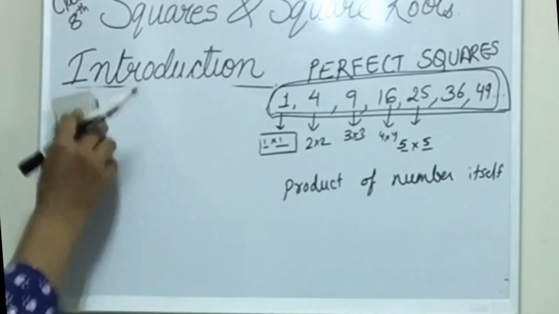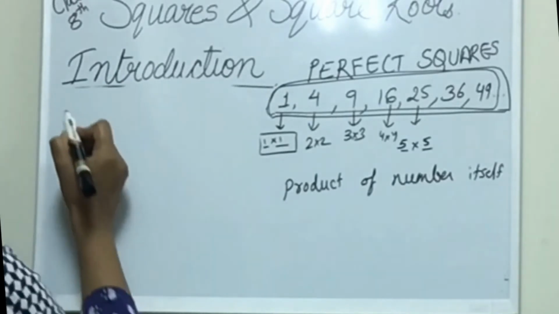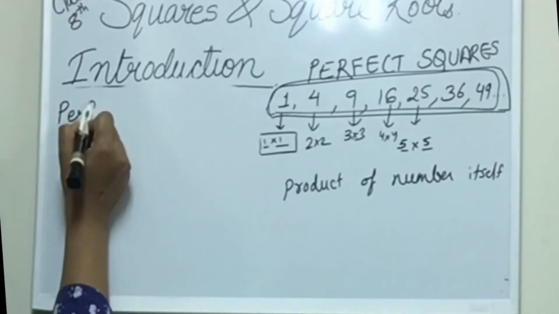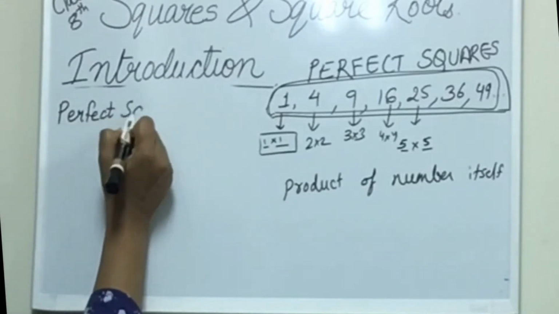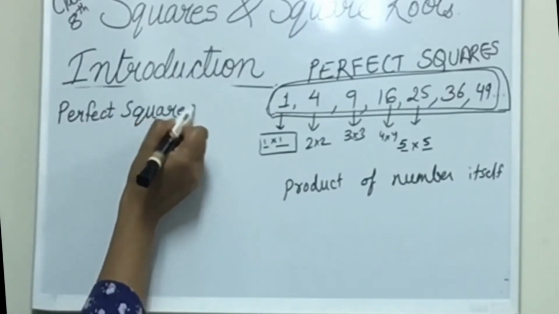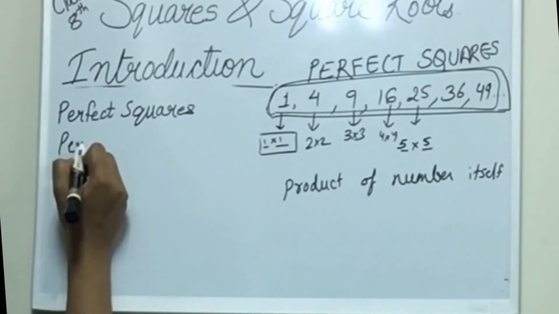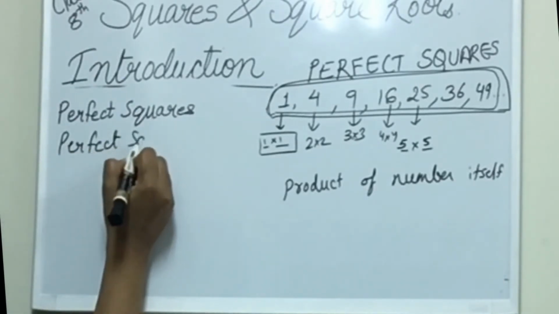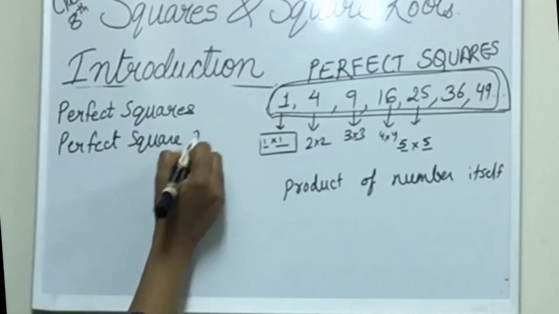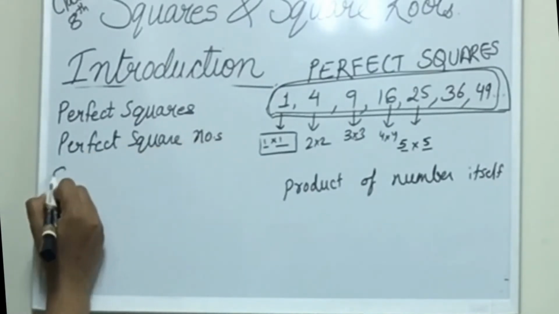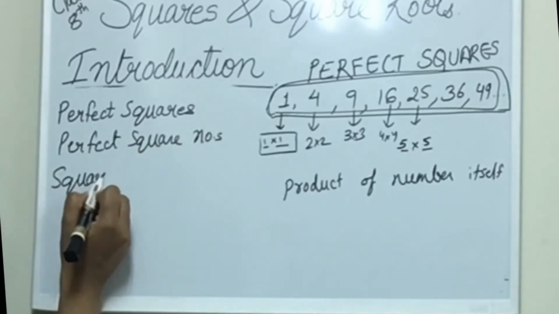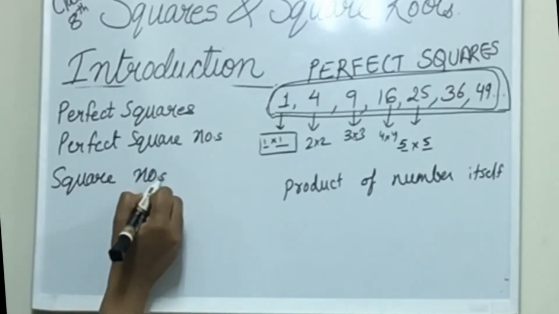Let me tell you one more interesting thing about perfect squares. It can be called with many names. It can be perfect squares. It can be perfect square numbers. It can be known as square numbers.